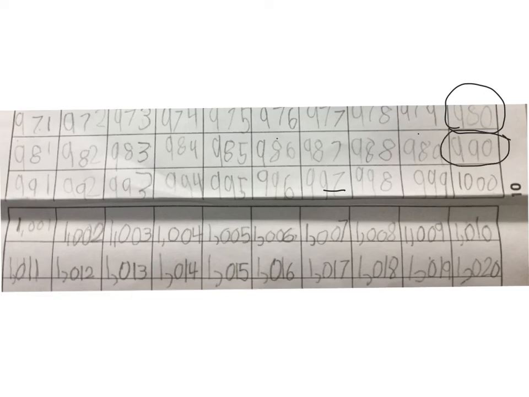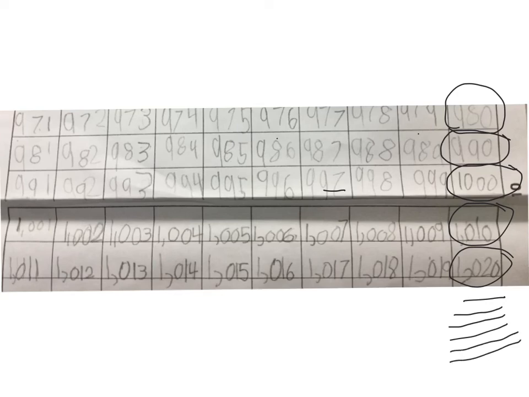When I add another 10 to 990, that becomes a block. It's 1,000. But now I'm just adding a 10. So it's 1,010, 1,020, 1,030, 1,040, 1,050, 1,060, 1,070, 1,080, 1,090.